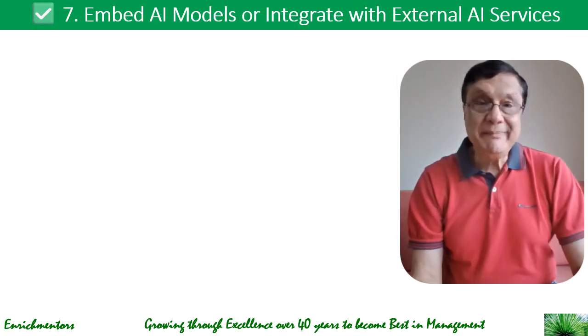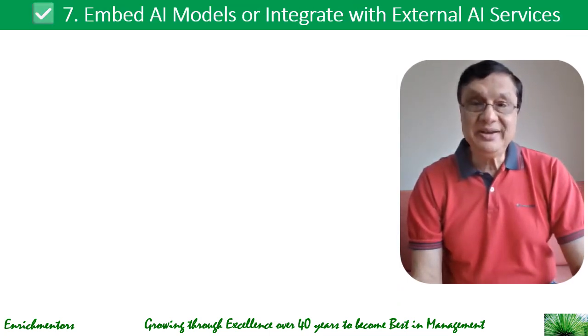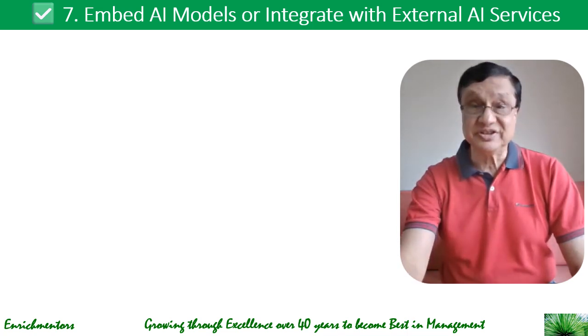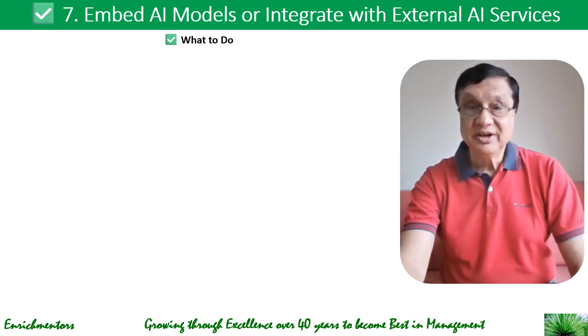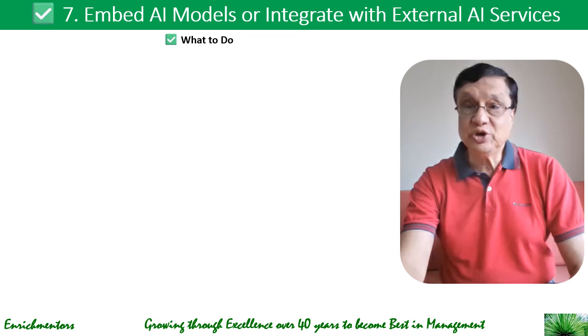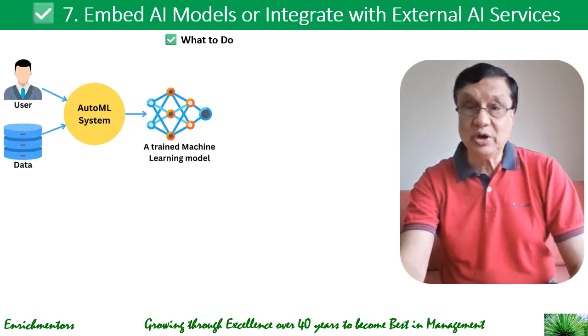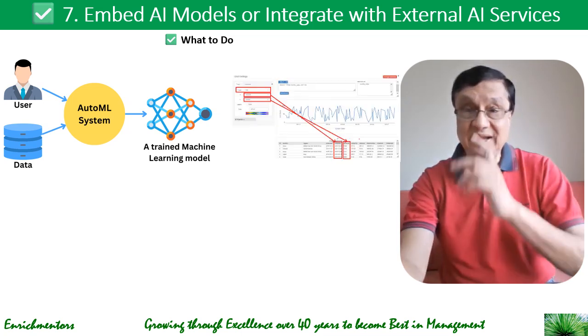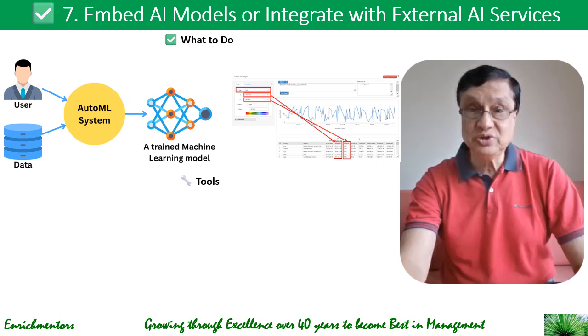You can also embed AI models or integrate them with external AI services. And how can you do that? You need to connect your machine learning models or AutoML results to the AI for, let's say, churn prediction or lead scoring, and show predictions directly in the dashboard. Now, what are the tools you can use for that?